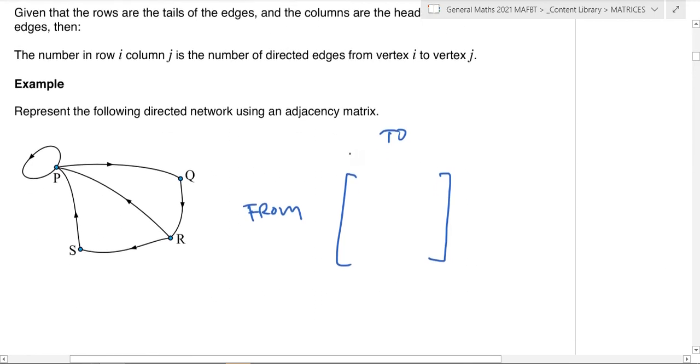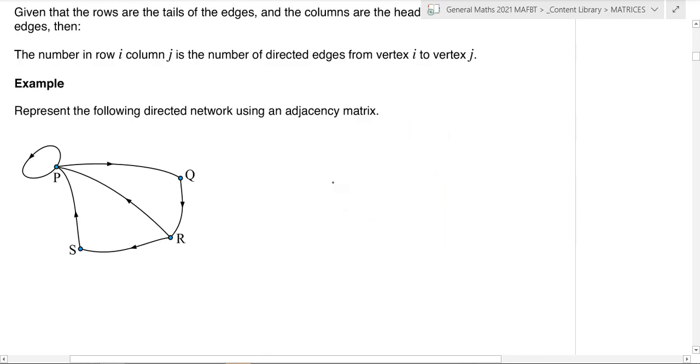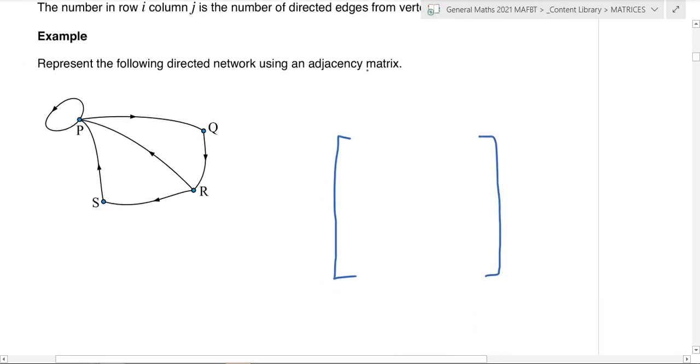All right, so let's represent the following directed network using an adjacency matrix. I'm just going to make this a bit bigger for you. Here we're going to represent this network as a matrix. So remember, it's going to be from and to. All right, let's name this.